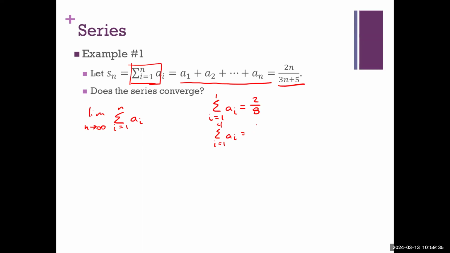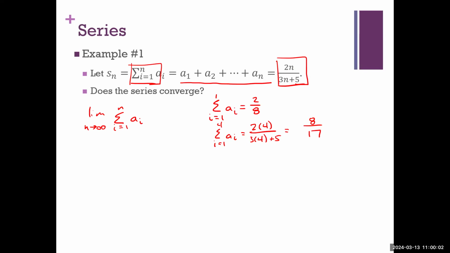Are you trying to figure out 4 individual numbers? Yeah. You don't actually need to do that. That's what I wanted to make clear here. This right here is the nth partial sum. So the 4th partial sum is whatever I get when I plug in 4 for n. So 8 over 17. Yeah, that's the partial sum.